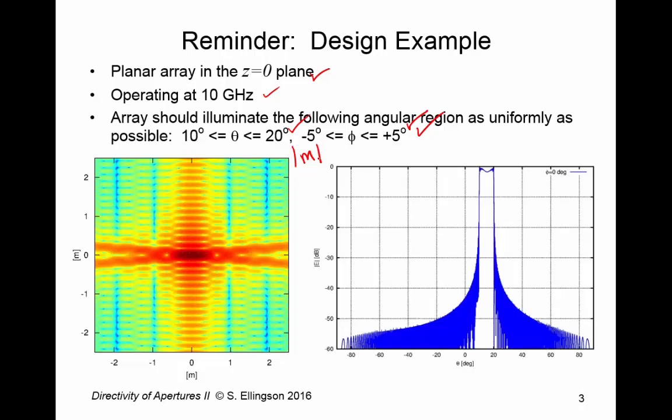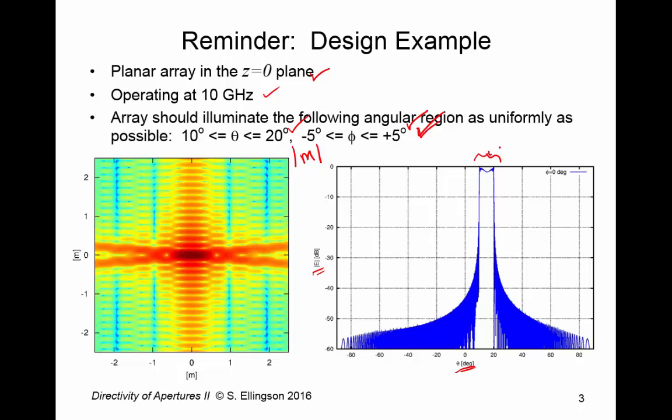Here's one of the plots that I came up with by then taking these magnetic currents and plotting the fields. So this is the magnitude of the electric field as a function of theta in degrees. And I showed you, in fact, that this does produce a sector beam, something which has approximately uniform directivity over the specified region.